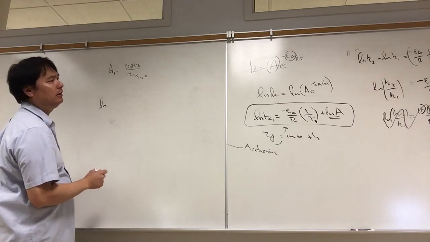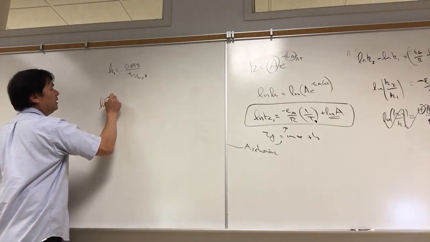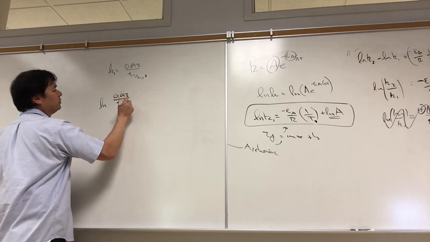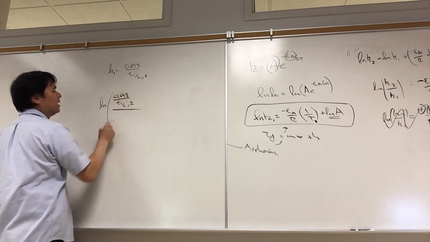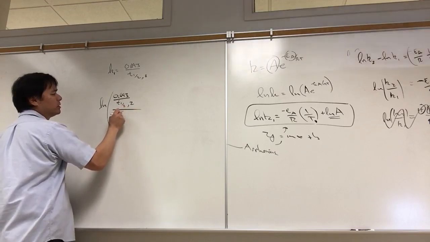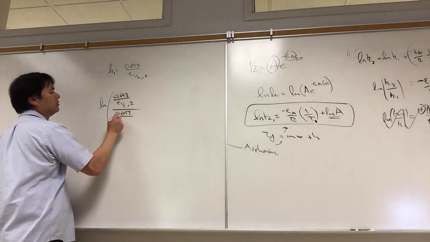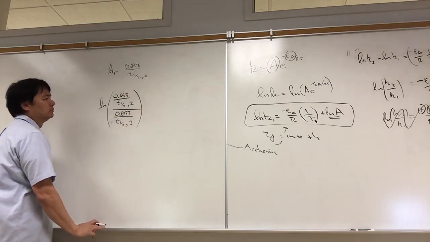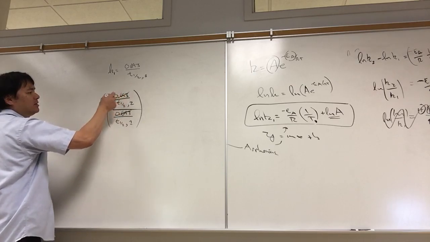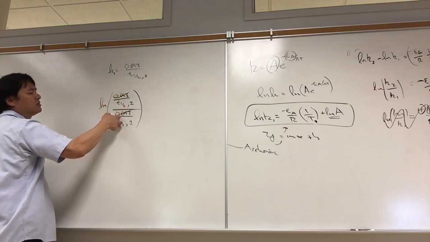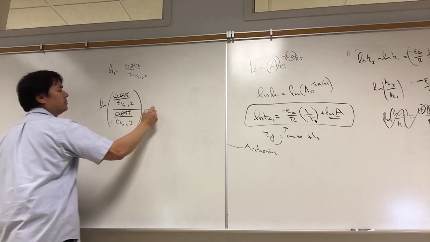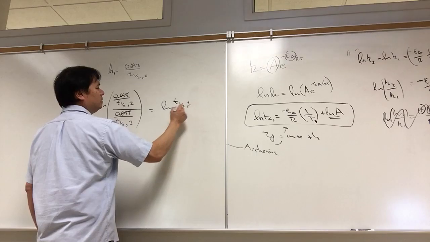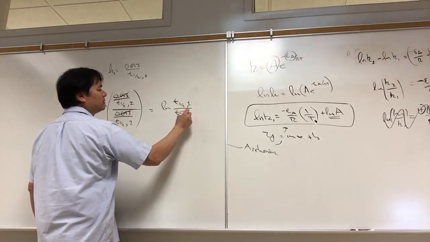I'm going to get ln K2 would be 0.693 over T1/2 for temperature 2, divided by K1, which would be 0.693 over T1/2 for temperature 1. The 0.693s cancel each other out, and when we're dividing by fractions, we invert and multiply. And so this is going to be the ln of T1/2 for temperature 1 over T1/2 for temperature 2.